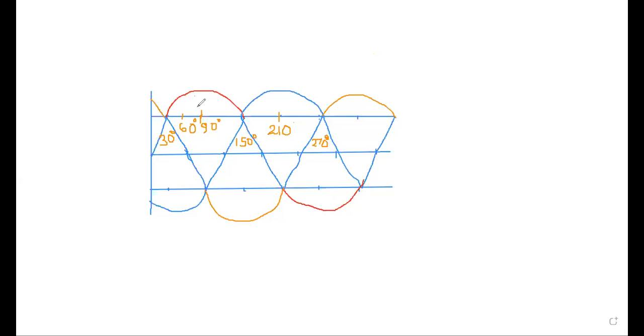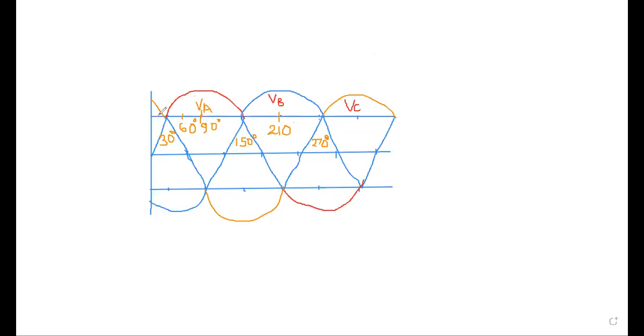So let us consider this voltage as VA. This is VB. Okay. And this is VC.